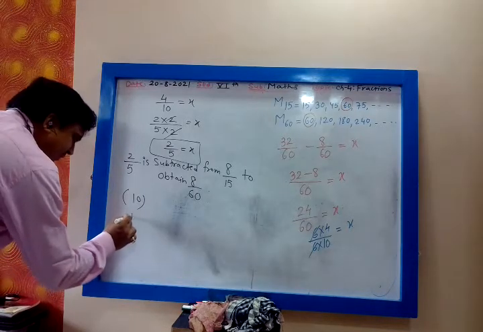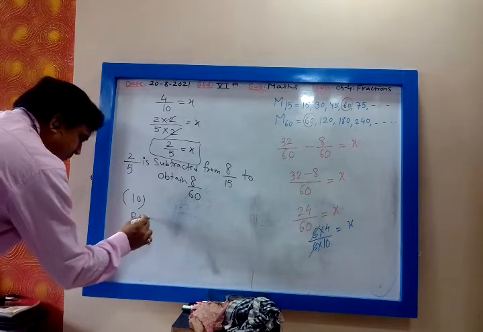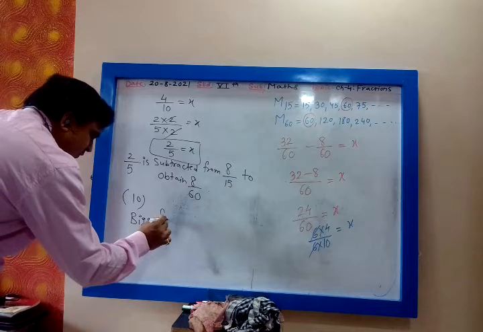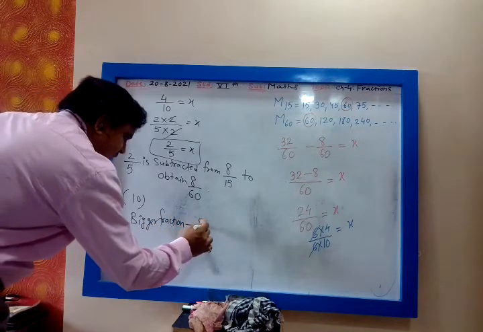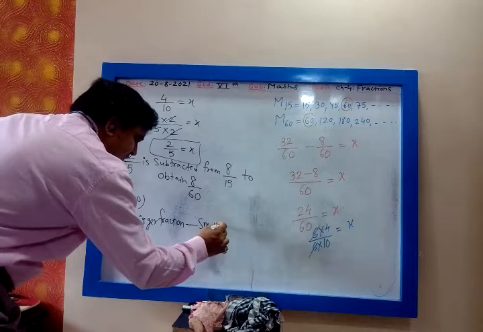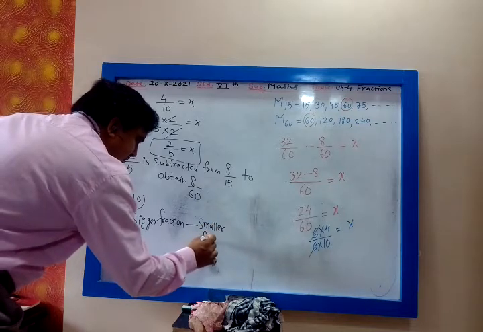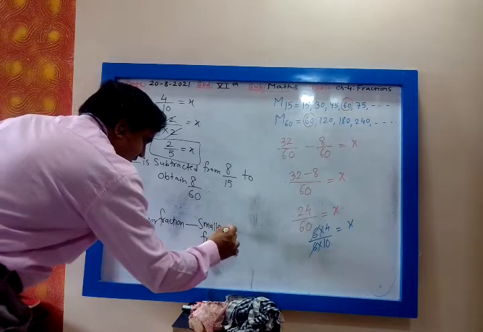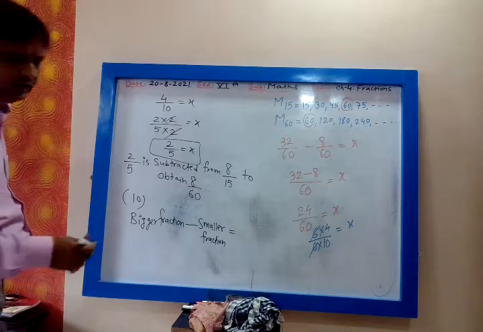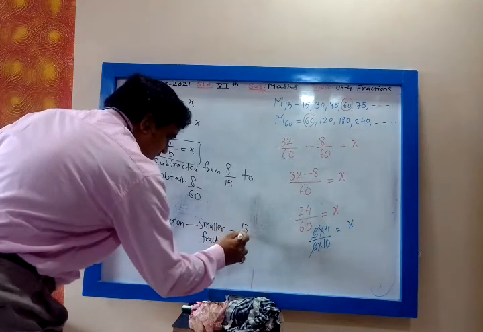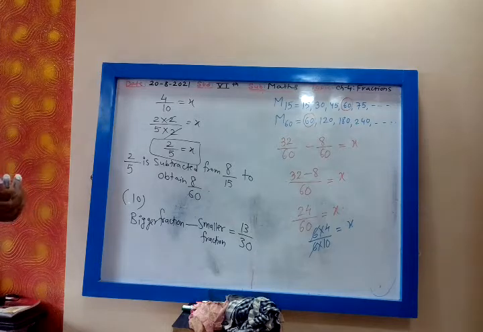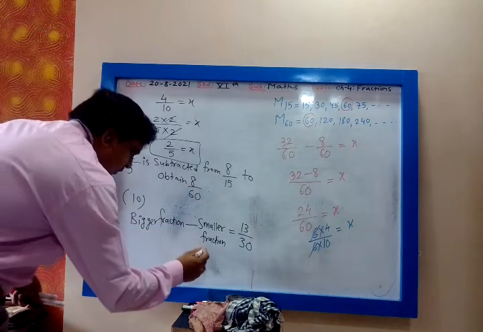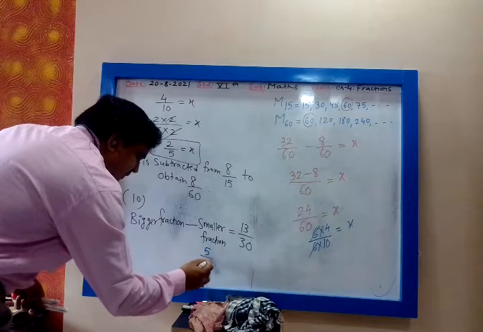So the question is: bigger fraction minus smaller fraction. Difference means minus. This is given as 13 by 30. The smaller fraction value is also given, 5 by 6.